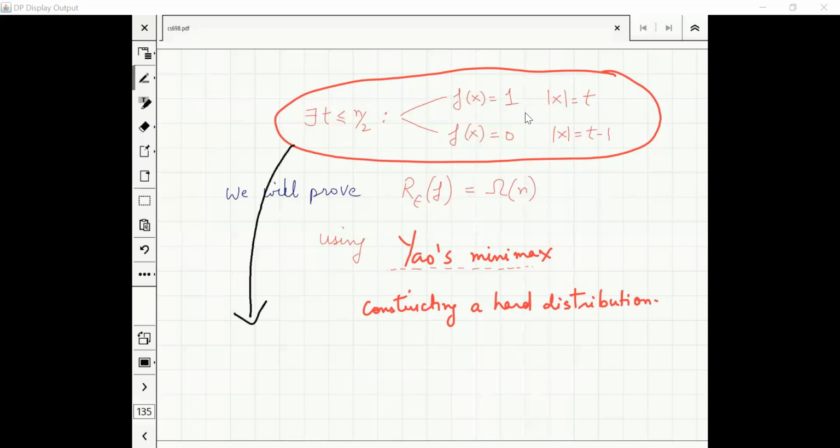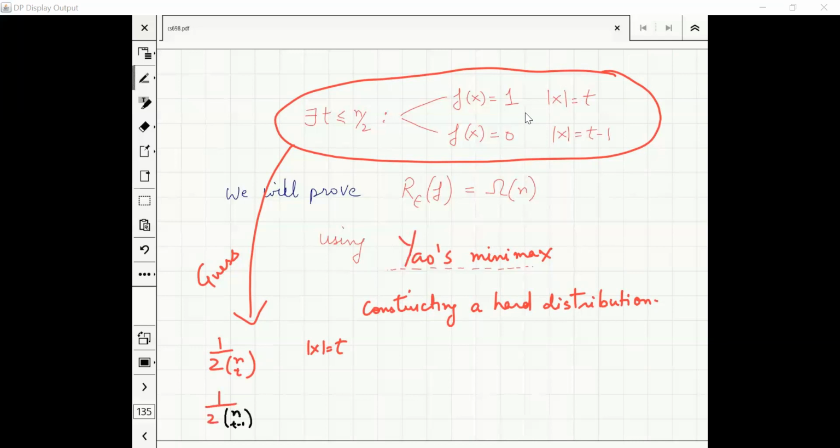A uniform distribution on all the x such that Hamming weight of x is t and Hamming weight of x is t minus 1. When you say uniform distribution, there are multiple ways to define it. Let me say that with probability half, my Hamming weight would be t. That means for any x with Hamming weight t, I will pick it with this probability. Similarly, with the other half, I will pick a Hamming weight of t minus 1.